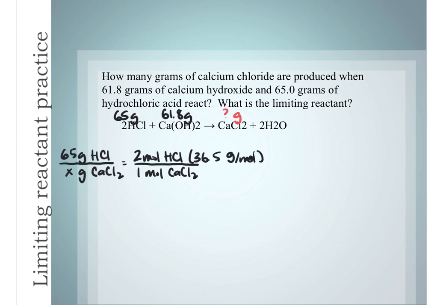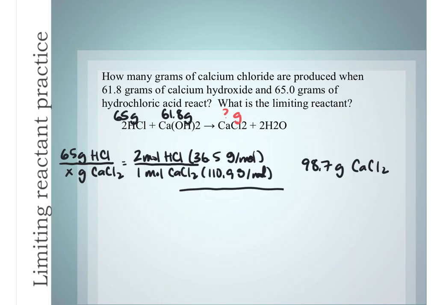Let's calculate the other one using your calculator. 1 calcium is 40, and then you have 2 Cls, so that would be about 70.9, so we'll say about 110.9 grams per mole. Then run that through your calculator and see what you get for your final answer. That gives me 98.7 grams of CaCl2.